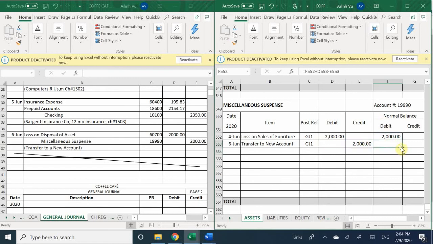And what I'm going to do is pull and drag this because we will be using miscellaneous suspense in our future accounts. So this is just calculating the formula over and over. So you don't have to calculate it. All you do is enter in all the information here and it should automatically recalculate it for you.